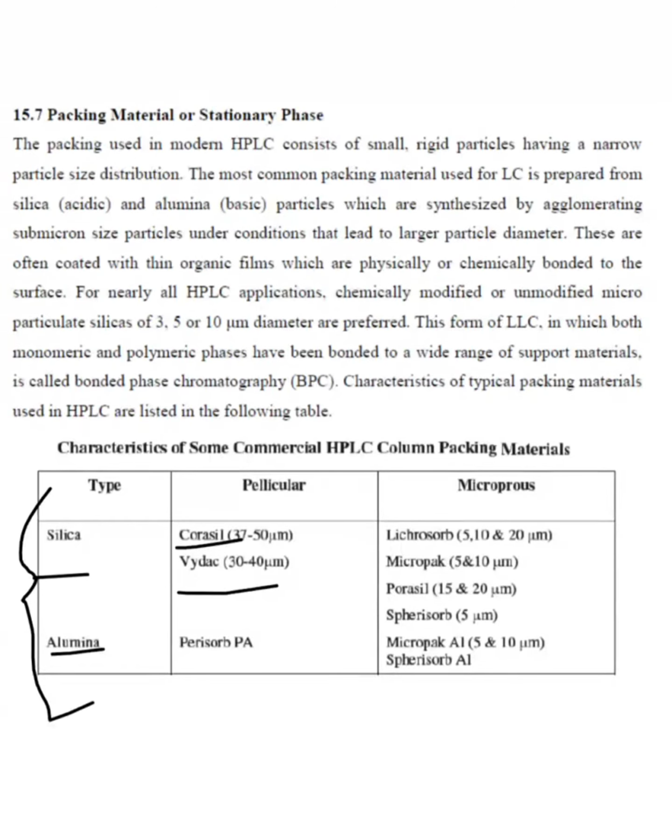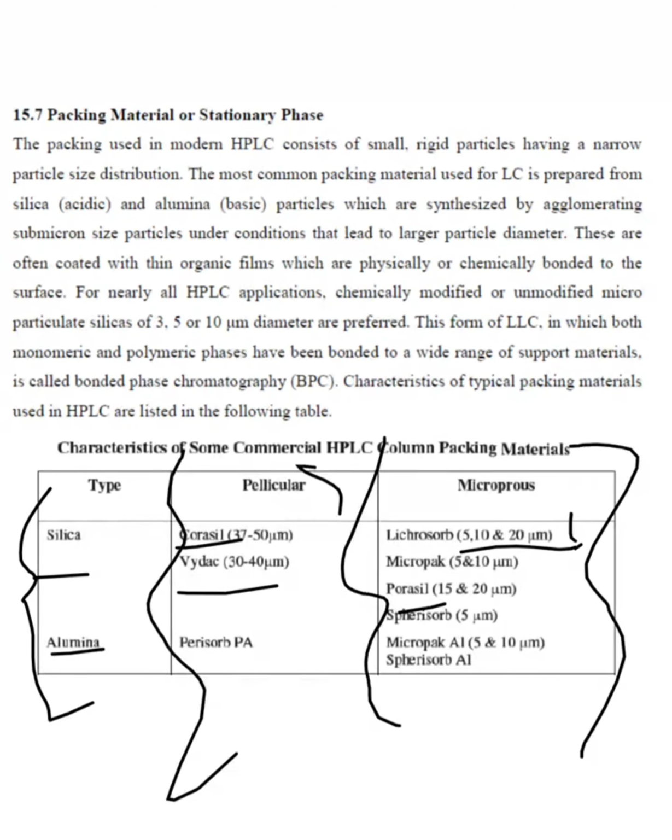In the microporous type, we have Lichrosorb, which has a microporous range of 5 to 10 to 20 micrometers. MicroPak and Porasil can also be used, and for different samples we are going to use different column packing.